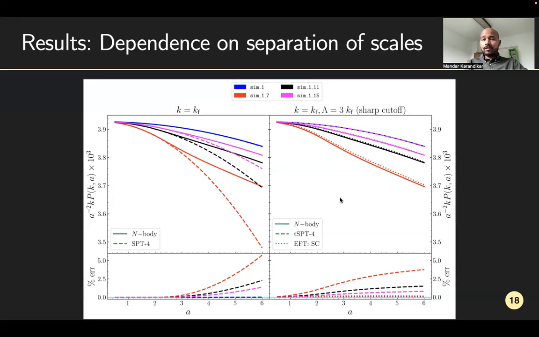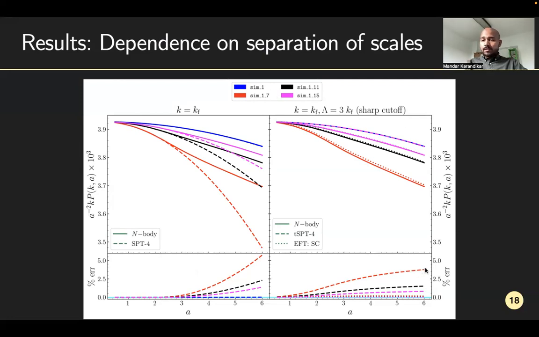Now onto the right panel, where we show again the n-body in blue. Now, instead of SPT, we show the truncated SPT, TSPT. And you see here clearly the effect of the truncation, which is that all simulations are now in agreement. And this is because truncation deletes this short wavelength mode here. And so everything lies on top of Sim1.